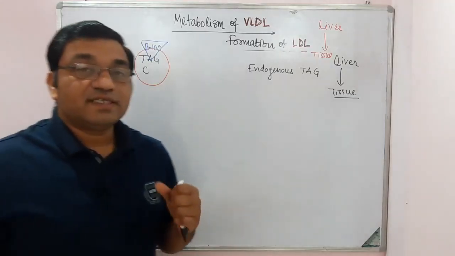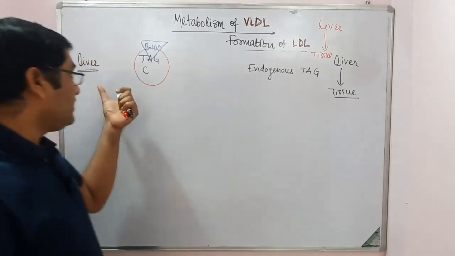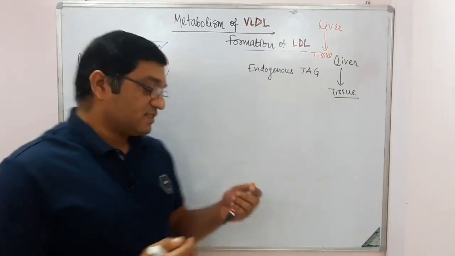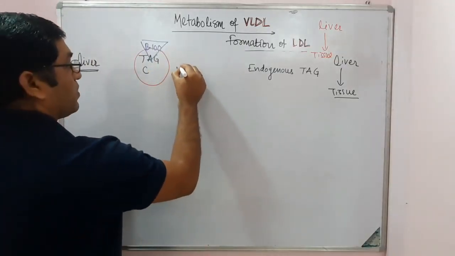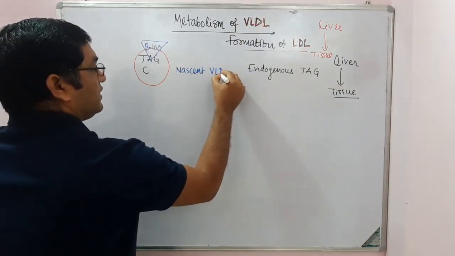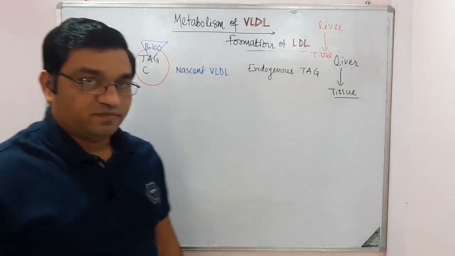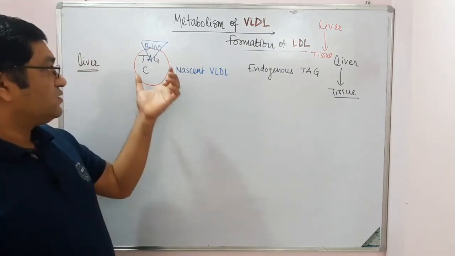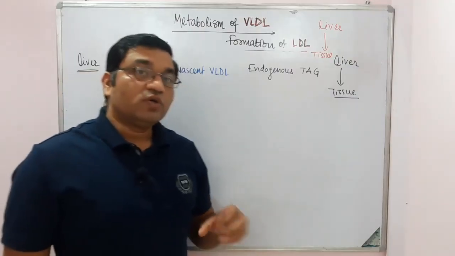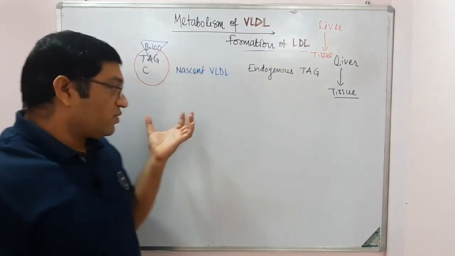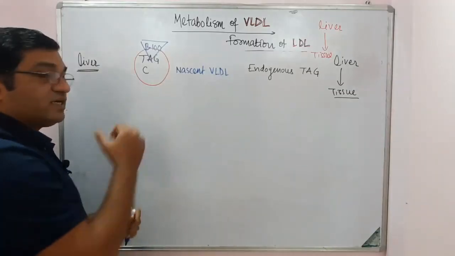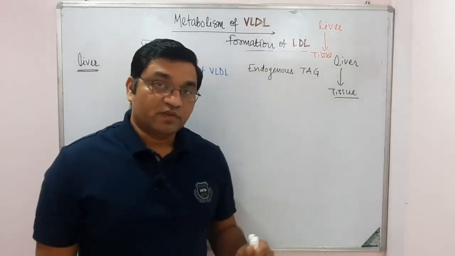The newly synthesized VLDL by the liver is known as nascent VLDL. Nascent means newly synthesized. So this is nascent VLDL, very low density lipoprotein. Lipoprotein means a complex of various lipids with protein to increase the solubility of the compound and for the transport of these various lipids in the plasma.